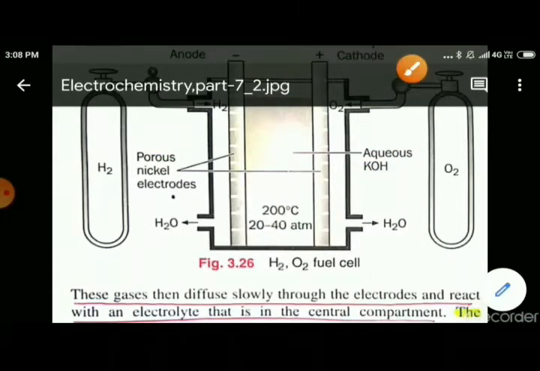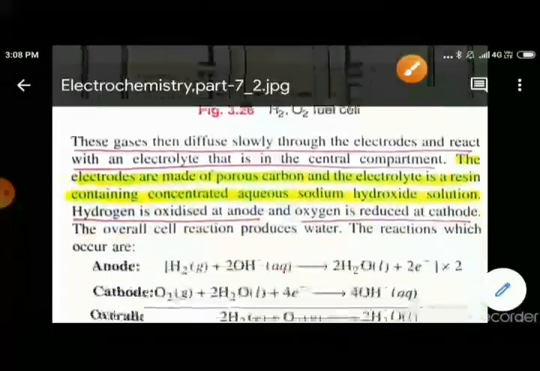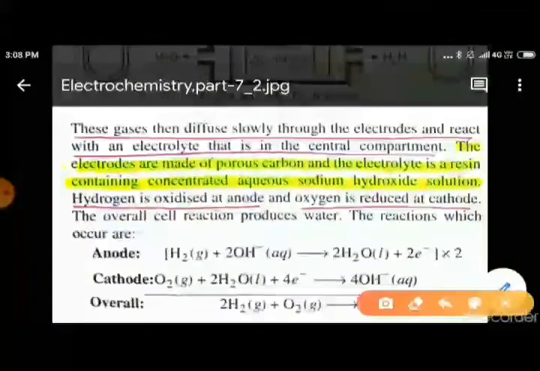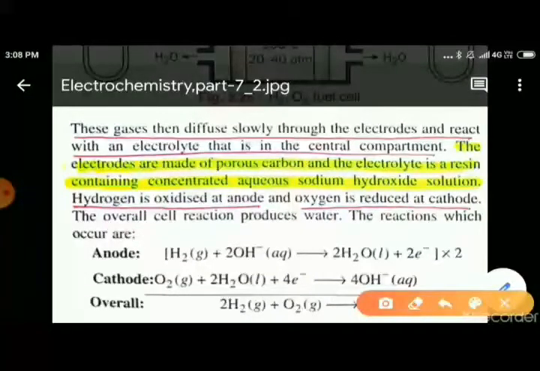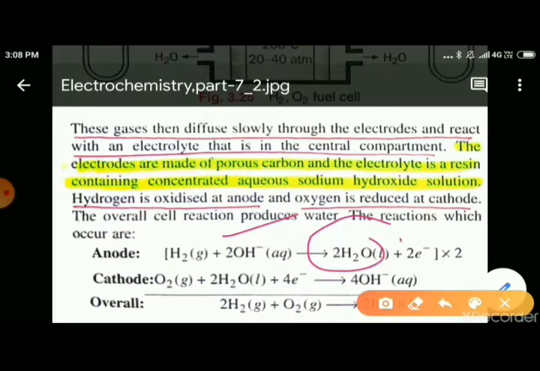So the cell reactions at the cathode and anode can be written as: at the anode, hydrogen gets oxidized, which means hydrogen reacts with the hydroxyl ion of sodium hydroxide to form water and eliminate 2 electrons. In the reactant, the oxidation number of hydrogen is 0 and in the product the oxidation number of hydrogen is +1. Therefore, this is the oxidation half reaction.